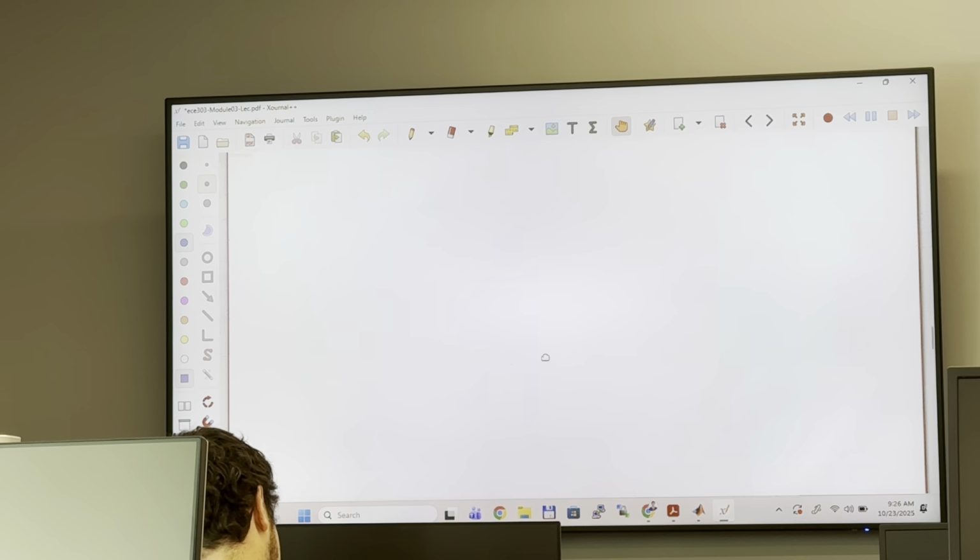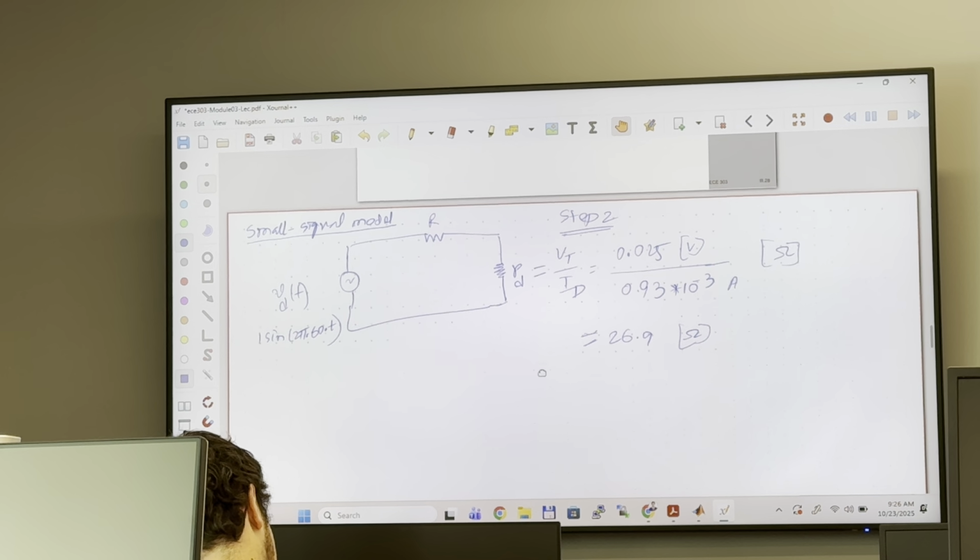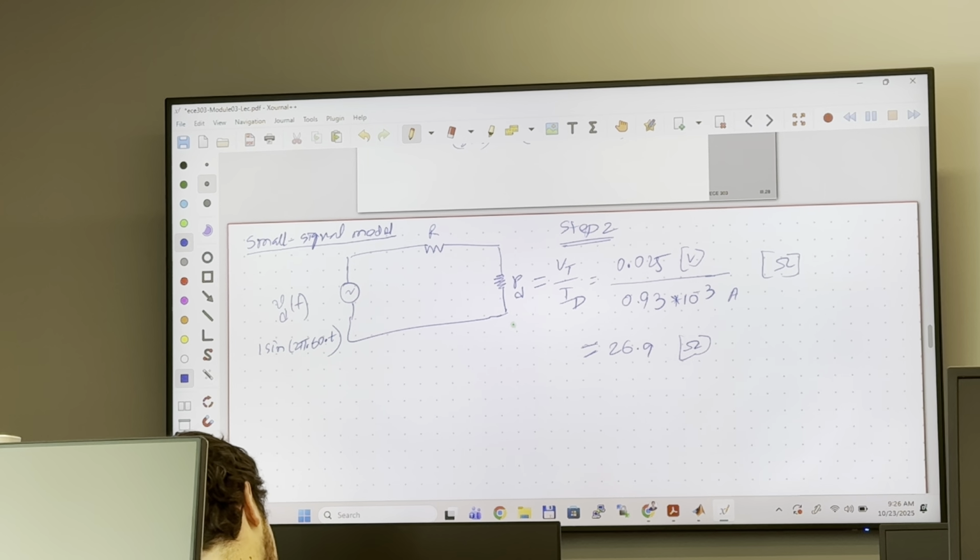So what is the voltage across it? This voltage is going to be delta vd, lowercase d.